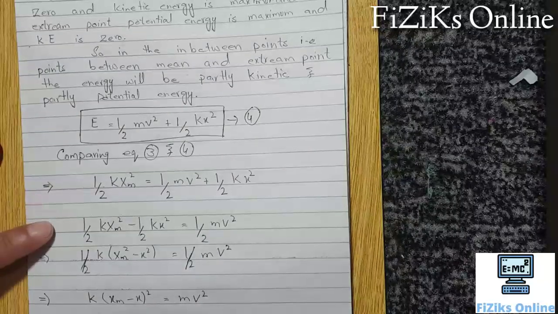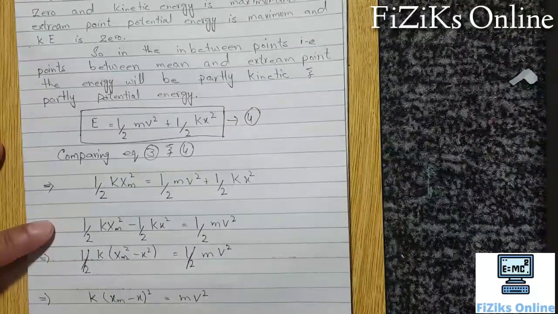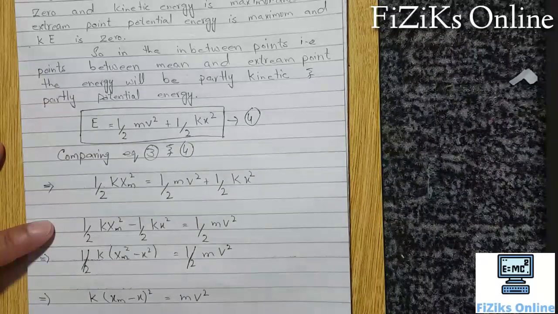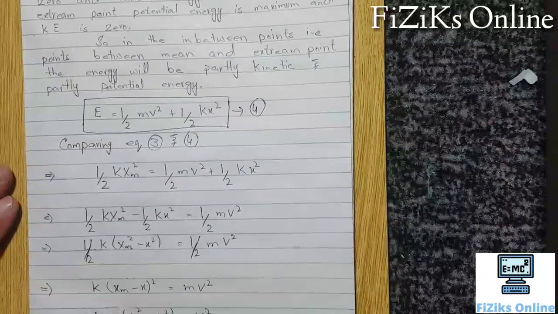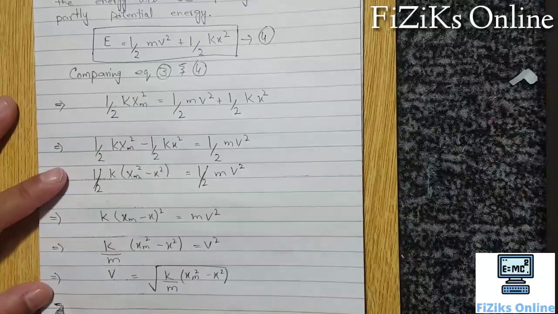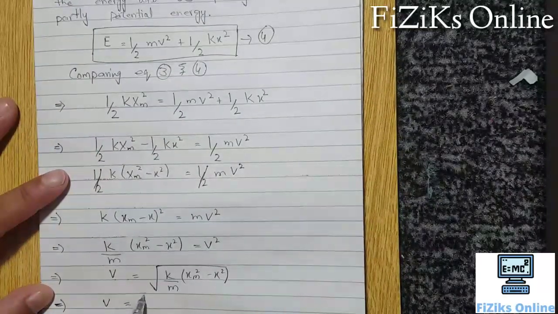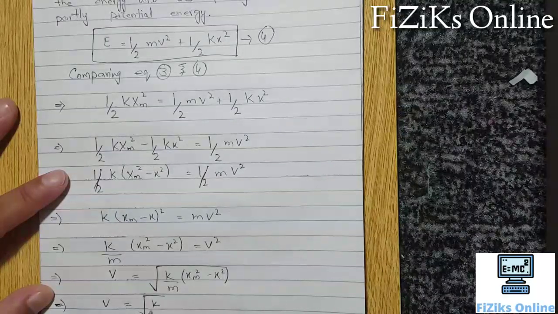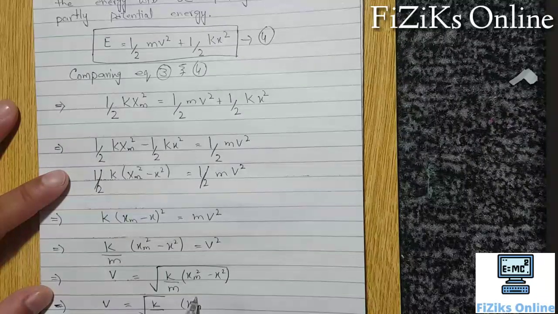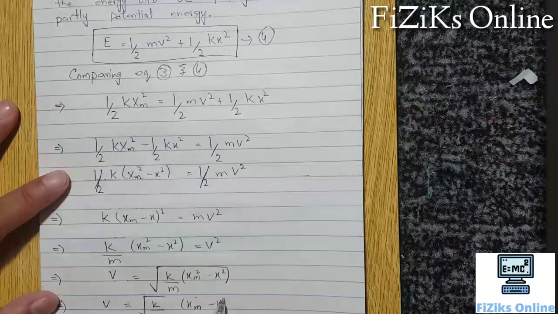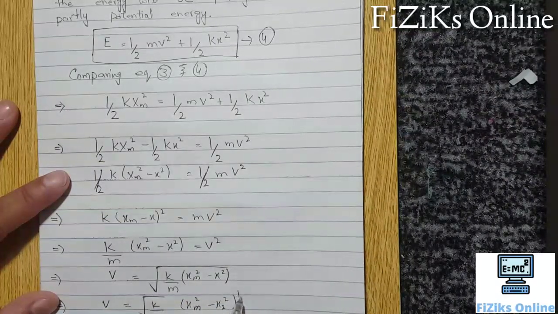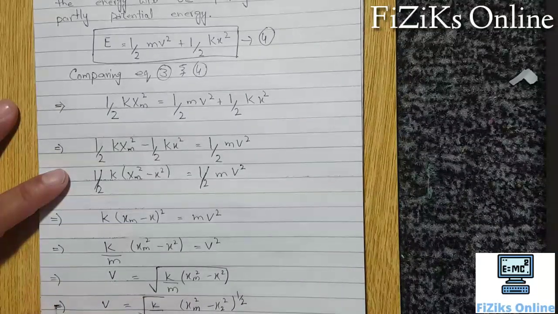This implies v equals under root k by m (xm square minus x square) to the power 1/2.